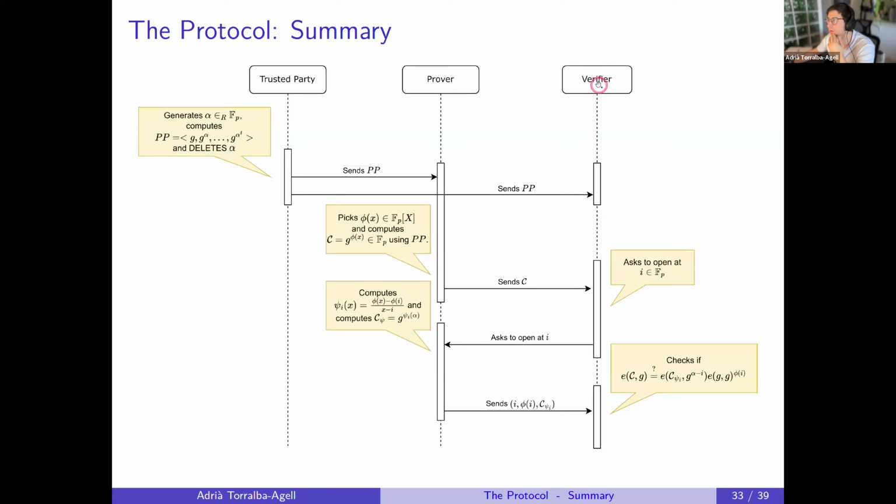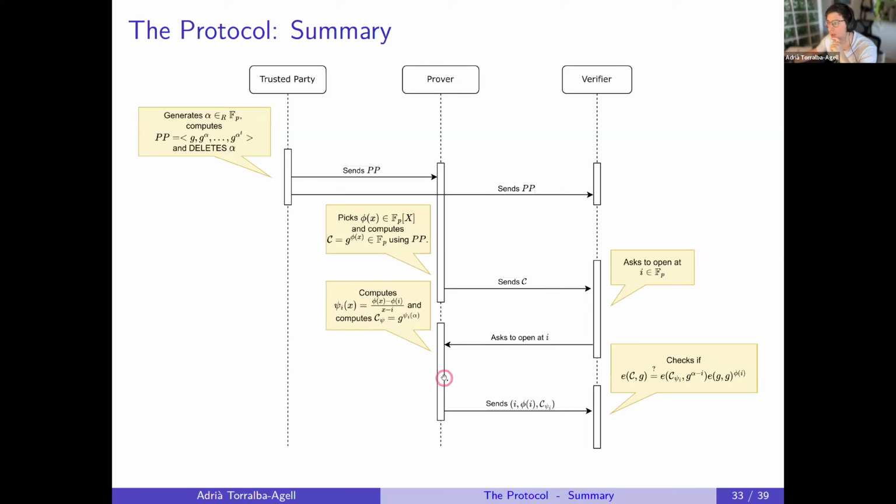Now the verifier says, okay, this commitment is cool, but now I want you to open the polynomial at some random point i in the finite field. So the verifier sends i to the prover. The prover takes i, and she says, okay, I will compute this quotient polynomial using the trick that we saw, and we are going to compute a new commitment for this quotient polynomial.